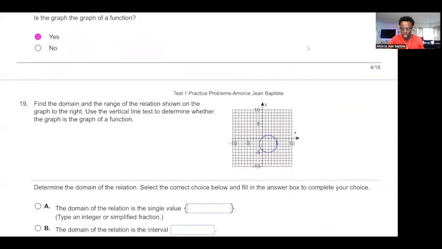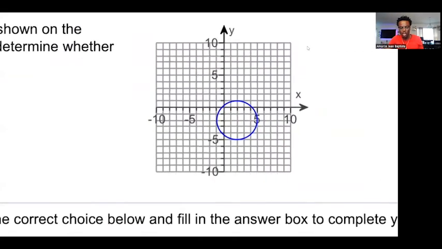Now, find the domain of a function when it's given on a graph, domain, range, and determine whether it's a function or not. That's what this problem is about. So now I have this graph.